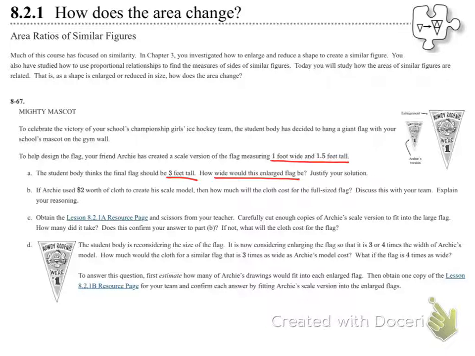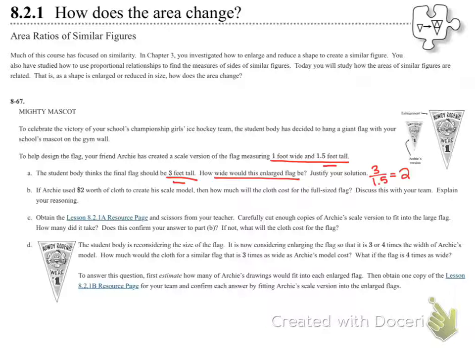Okay, so we need to figure out how much it grew. It was originally 1.5 feet tall. We have our new version is 3 feet tall. So if I want to figure out how much bigger it got, I can do 3 divided by the original size, 1.5. So I can see that the height grew by 2.